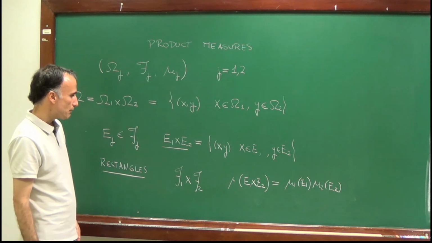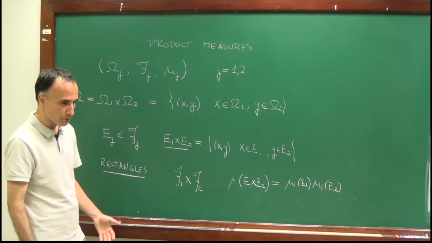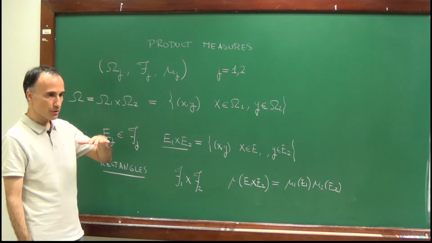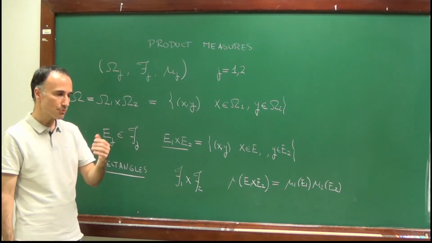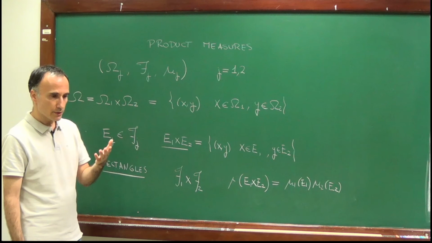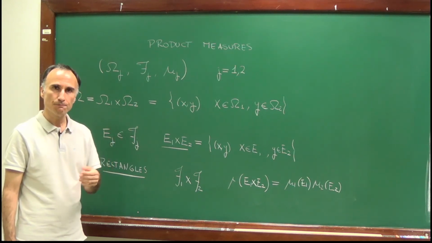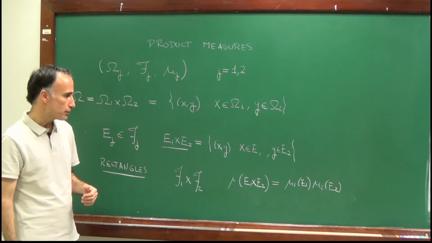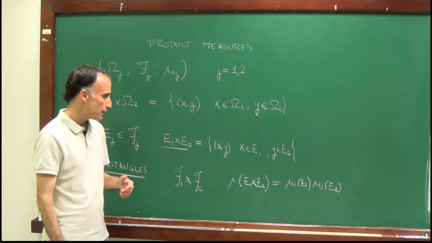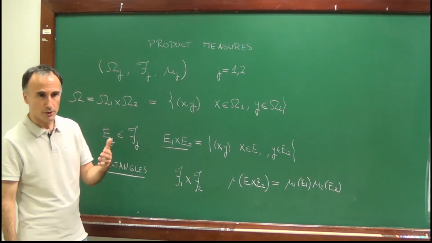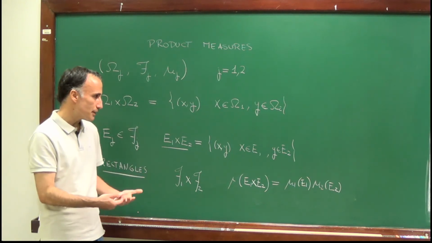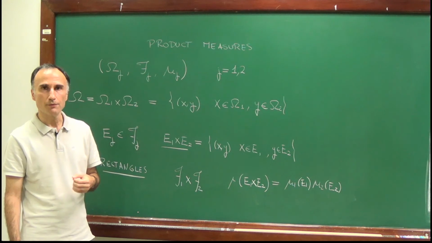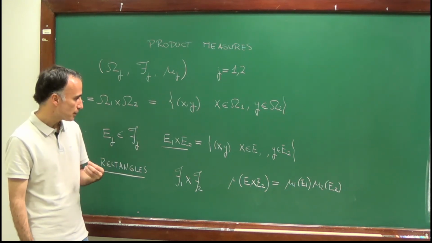And so if you remember Caratheodory's theorem, we first define a function on a semi-algebra of sets. Then we showed that this function is sigma additive, and we apply Caratheodory's theorem in order to extend this function, this measure, to the sigma algebra generated by the semi-algebra if the space is sigma finite.